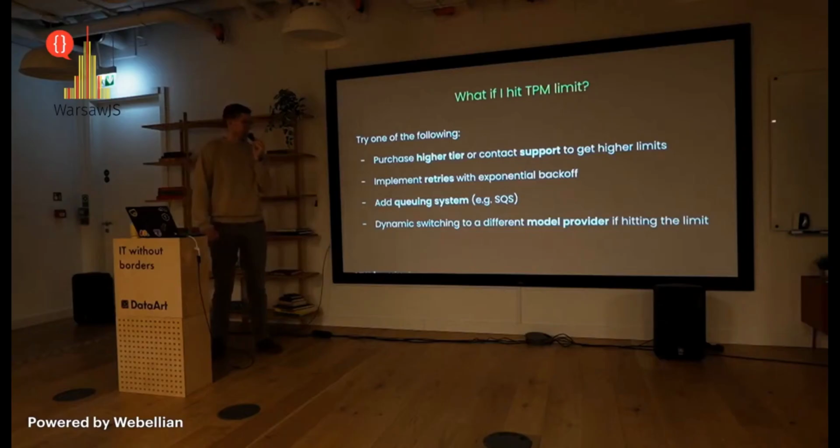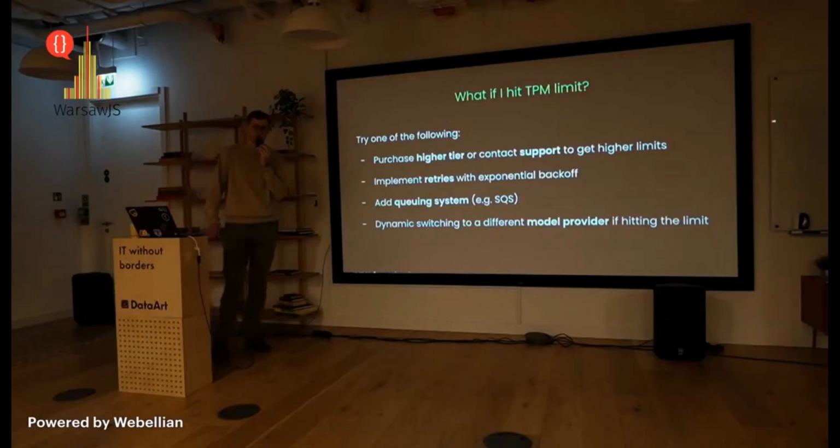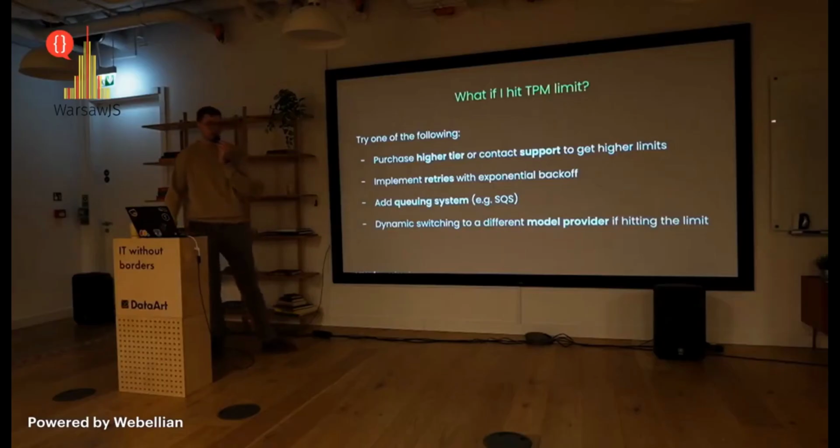And you can also try to implement retries, add the queuing system. Queuing system, it's a whole different topic, so just a quick glance about that. You can basically count on your side, estimate how many tokens your request will be consuming.